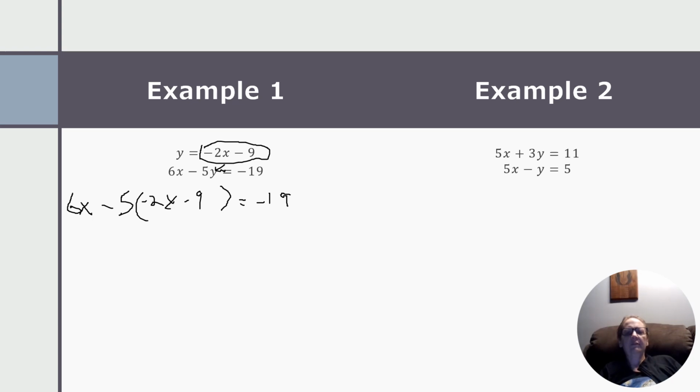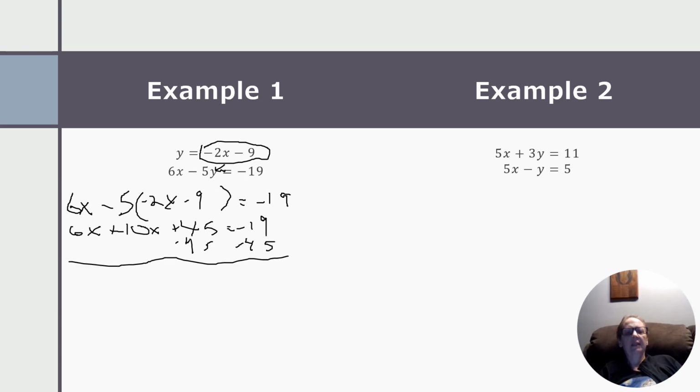And then you can solve this for x because it's a normal equation. So I have 6x minus 5 times minus 2 is positive 10. Negative 5 times negative 9 is positive 45. And just to save myself some space, I'm going to do two steps at once. I'm going to go ahead and subtract this 45 from both sides at the same time as combining the like terms of the x's.